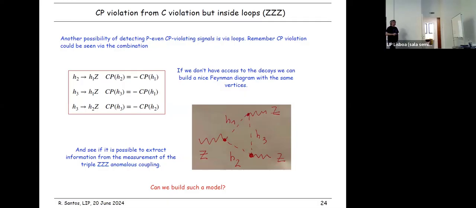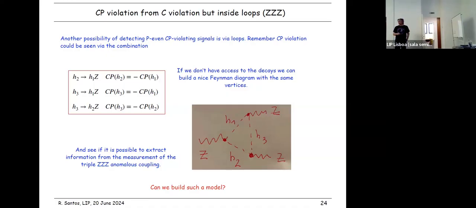But one way of not feeling depressed is to imagine that they are inside loops, okay? Because the Z's are real. And when you build a diagram like this, you have, look, the ZH1H2, the ZH2H3, and the ZH2H3. So this is putting all these decays together inside the diagram. Okay? And so maybe you don't see the Higgs directly, but you can see them inside this beautiful red diagram. Okay?